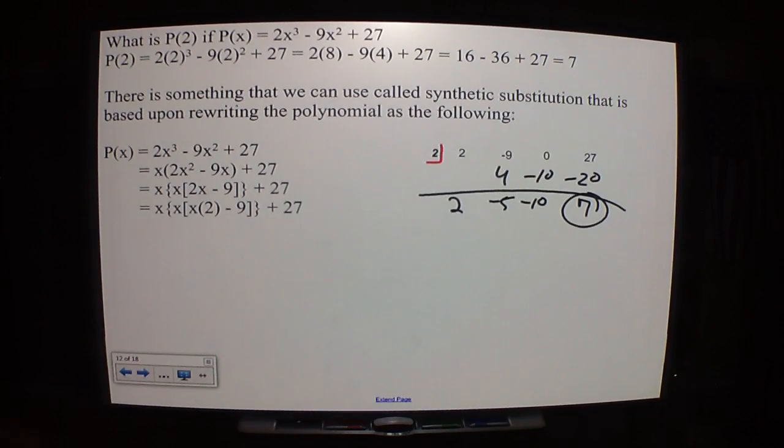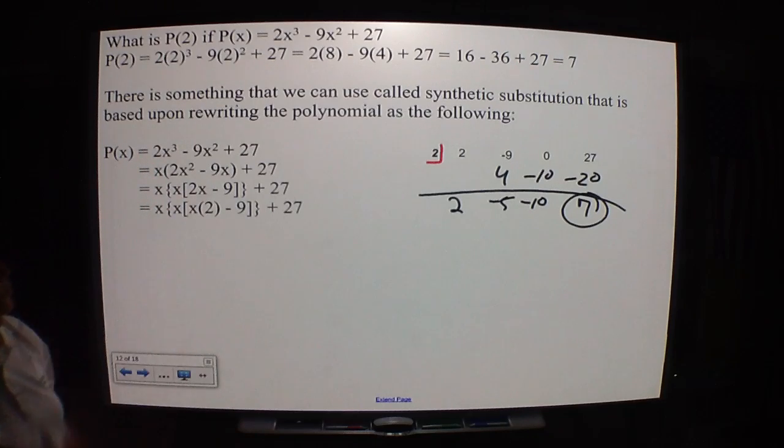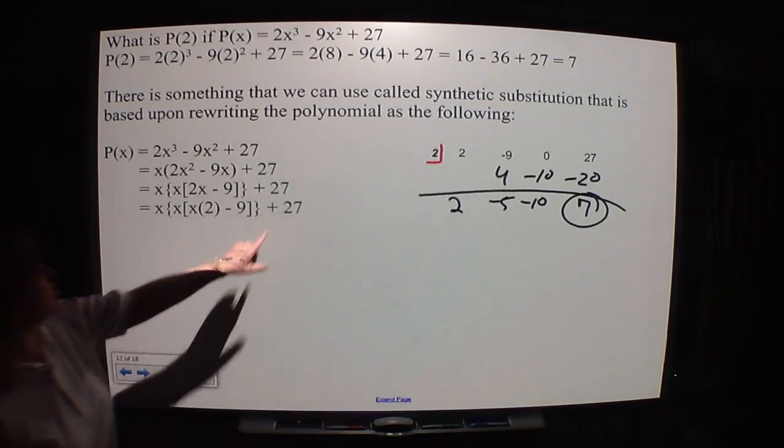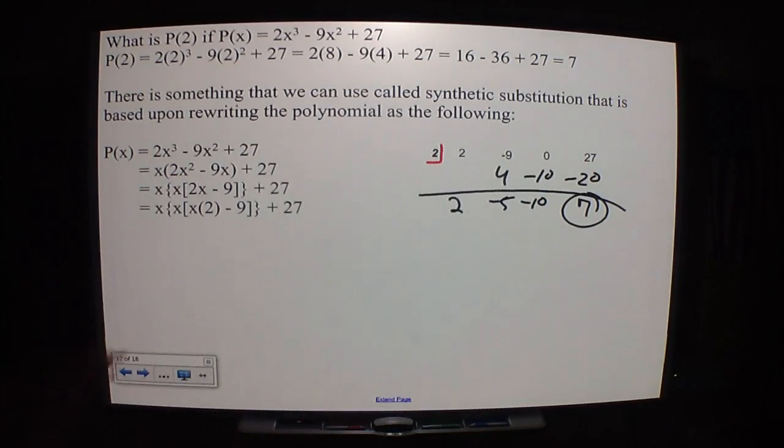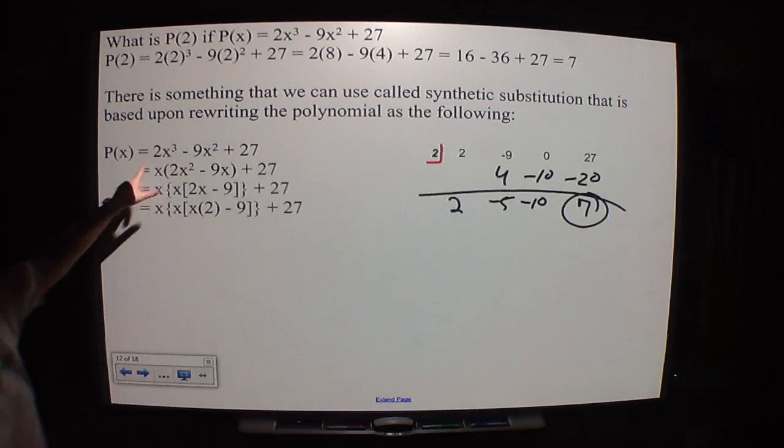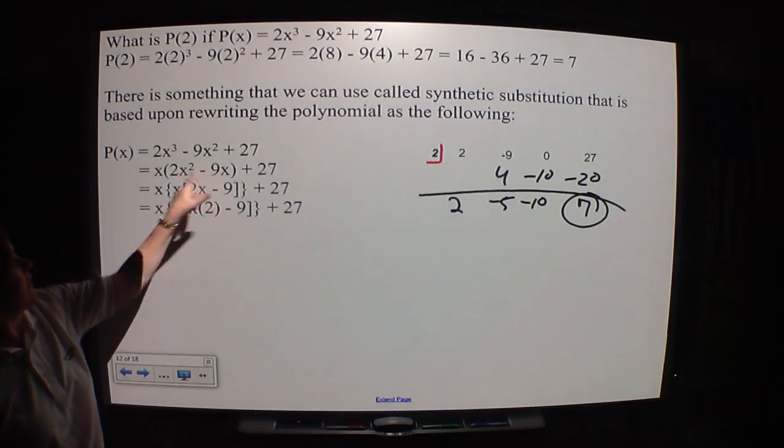And the reason it works, I kind of showed you right here why it works. Here's your 27 at the end that you're adding. This ends up to be your negative 20 and so forth. So when you start with this right here, I wrote it a little different way. I factored out an x from here. So I got this.